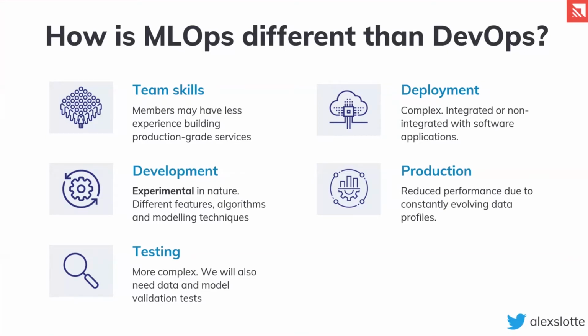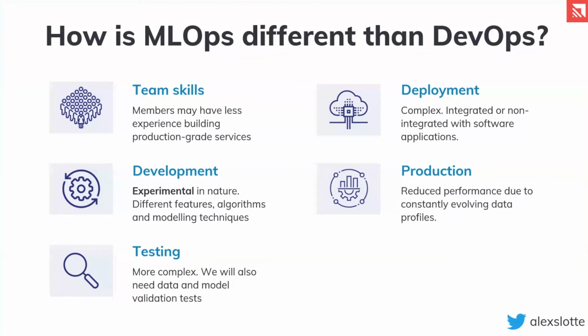So putting things to production, we have some experience in doing the ops in general. Automation is definitely a large thing that software engineers are good at in general. I'm not saying that data scientists can't be good at these things, but generally they come from a more research background and they are not necessarily as fluent in system management and operationalization. So the team skills in a team that tries to bring machine learning models to production may just be a little bit different. So we have to be aware of that and make sure we build that up as needed.